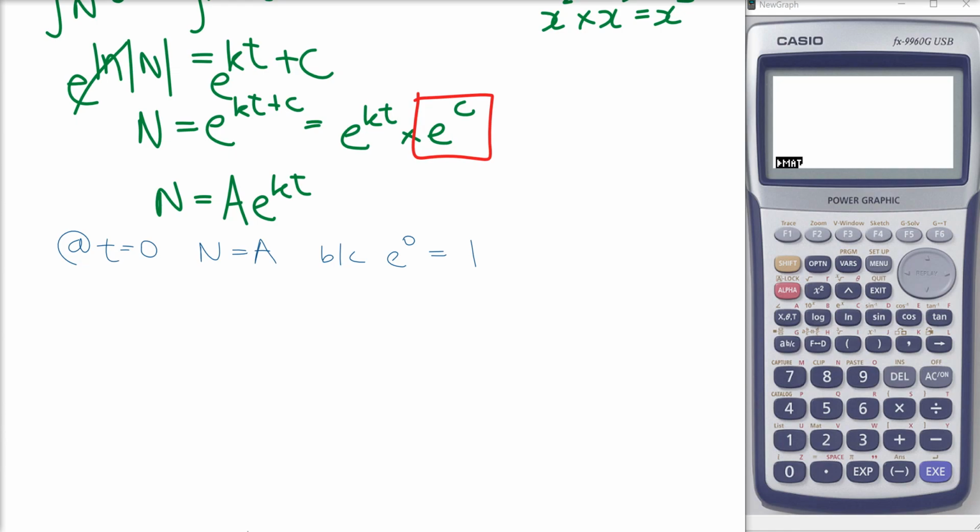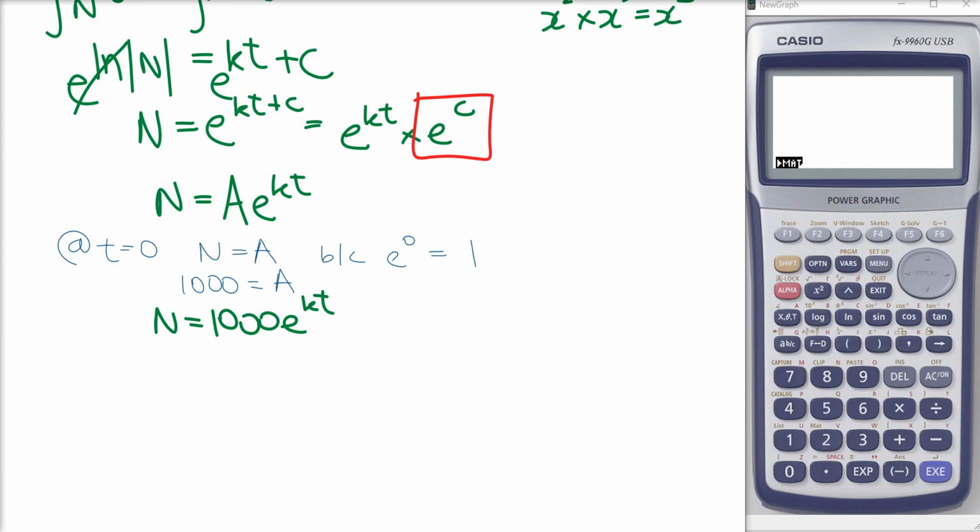So N equals A, so 1,000 is obviously going to be A. So we start working up our equation: N equals 1,000 e to the kt. Happy with that? That's where our equation's heading now.